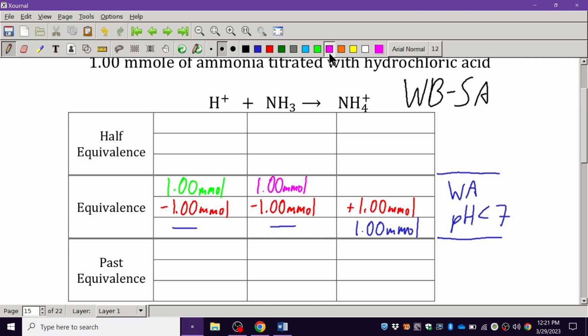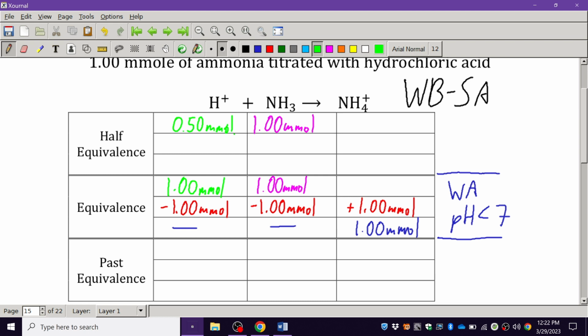All right, so at half equivalence, if we start with 1.00 millimoles of NH3, then we're going to add half as many millimoles of hydrogen ion.